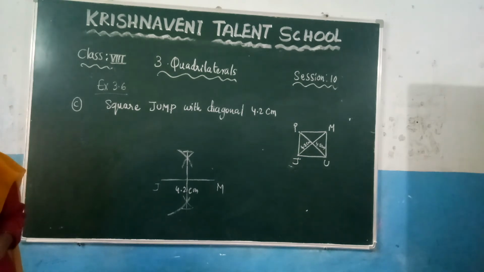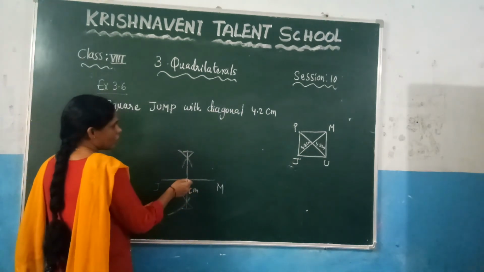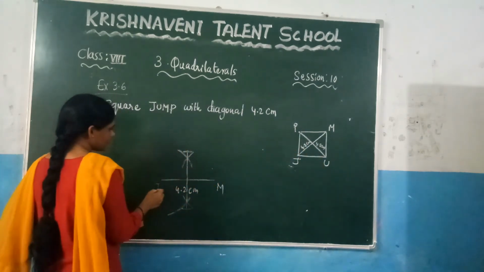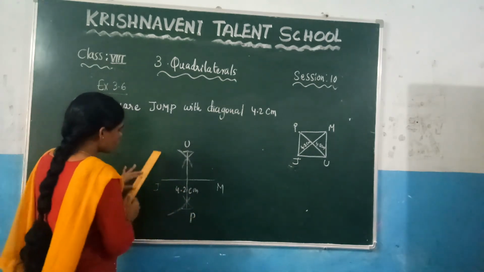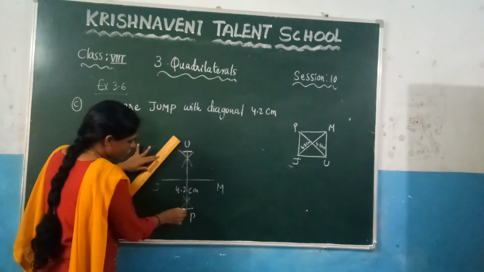Now we got two more arcs. Name those arcs as, what is that? Which is nothing but P and U. So write it here U and P. Now join this one. This is the arc we have drawn, and at this point we have drawn this arc.